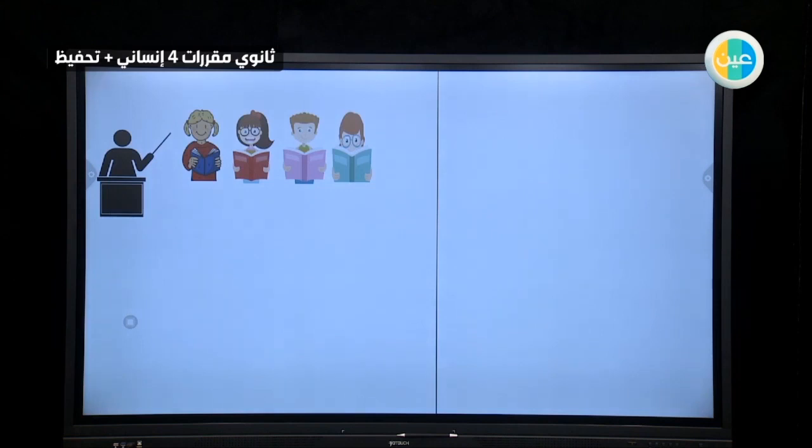What can we see here? We can see a teacher who is speaking to the whole class. We can see a teacher and the students here. Actually, there are 4 students. All of you read the story.